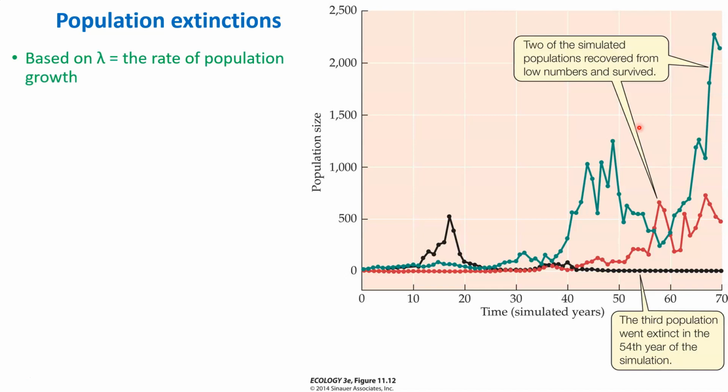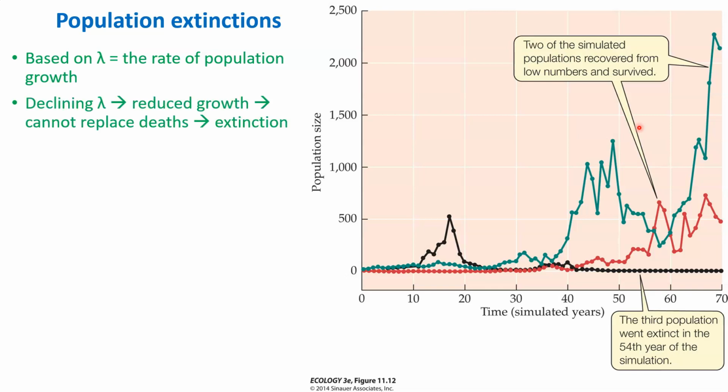Population extinction. Now, what is extinction? It means where population size falls down to zero. So let me try to explain extinction based on lambda, which is the standard for rate of population growth.